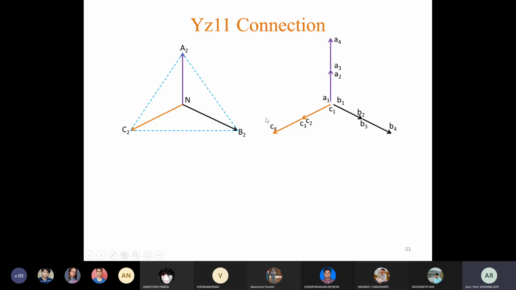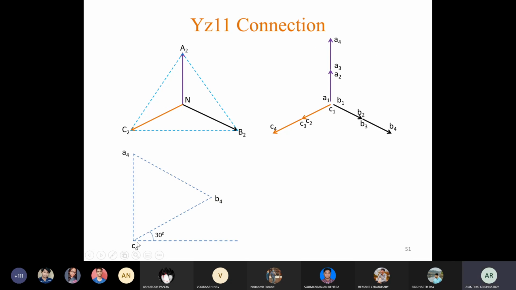So next is YZ11. That is plus 30 degree. So here the low voltage side EMFs will lead the high voltage side EMF by an angle of 30 degree. So let us draw the phasing diagram. So this is our phasing diagram.